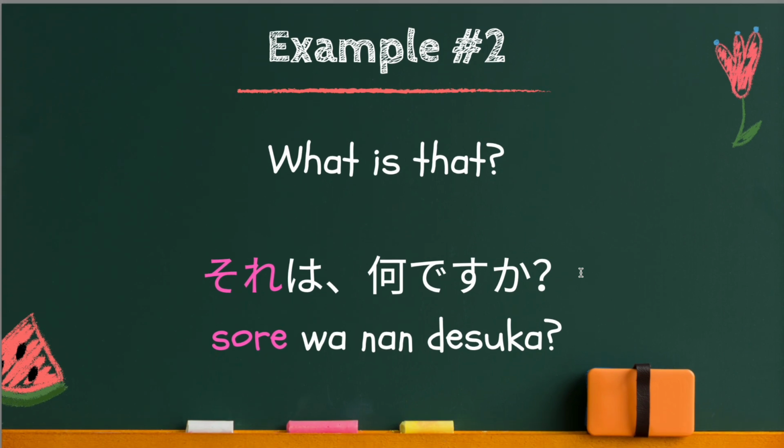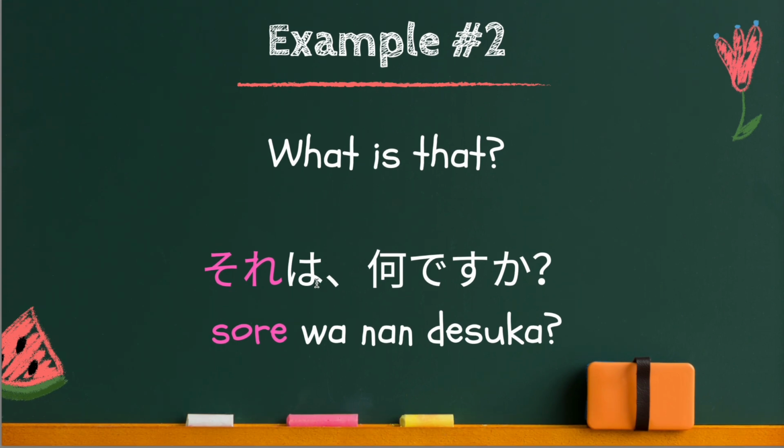Example 2. What is that? それは何ですか? This is when, for example, my friend is holding something and I ask her, what is that? I use それ because that thing is near the listener, my friend.